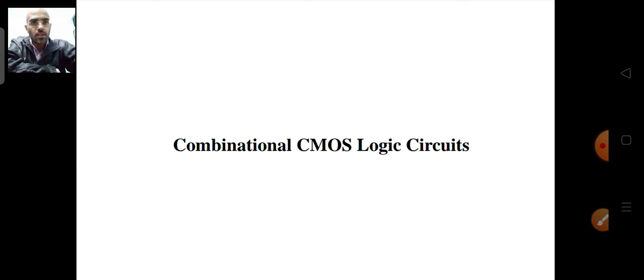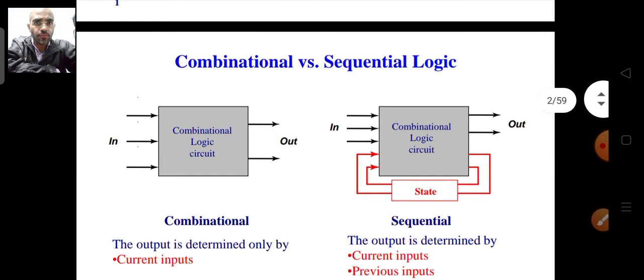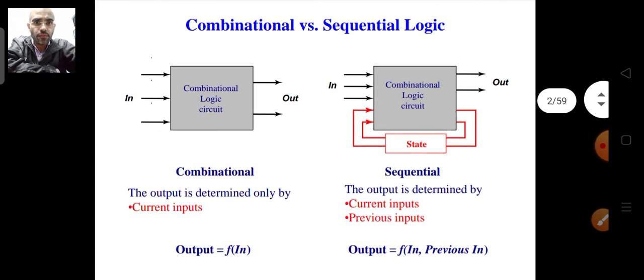From our digital electronics course we know that any digital circuit can be categorized as a combinational circuit or a sequential circuit. The difference is that a combinational circuit is a circuit whose output depends upon the inputs only.